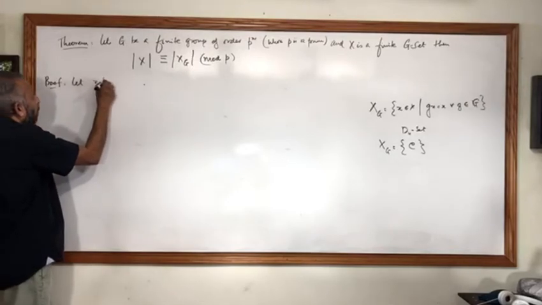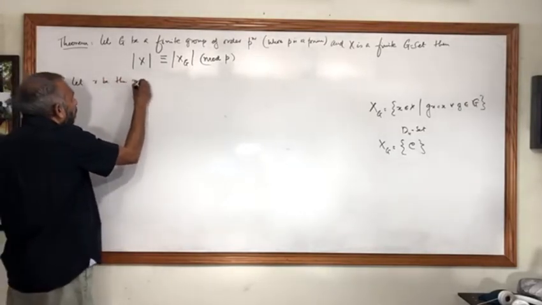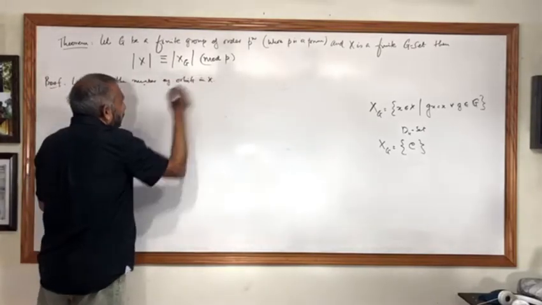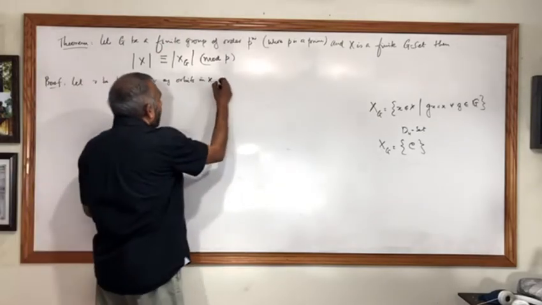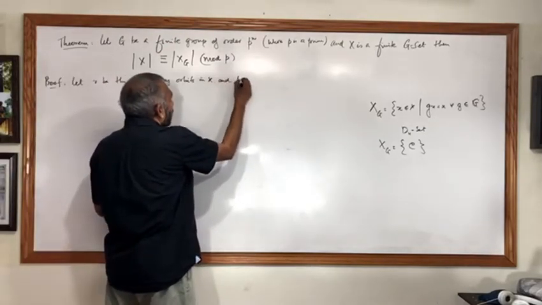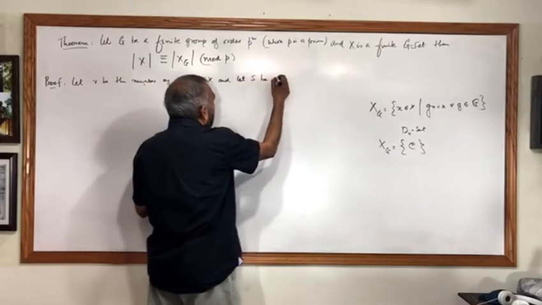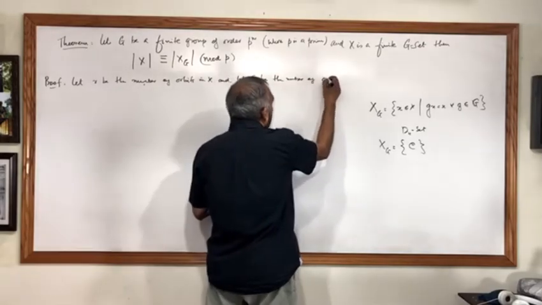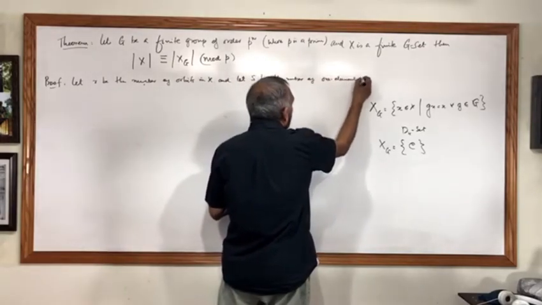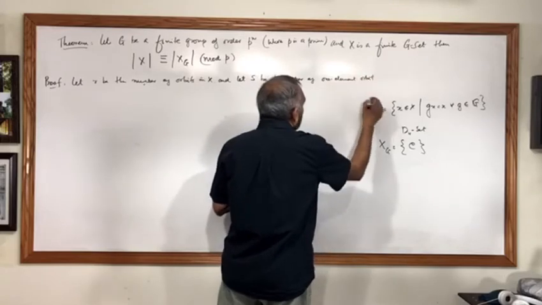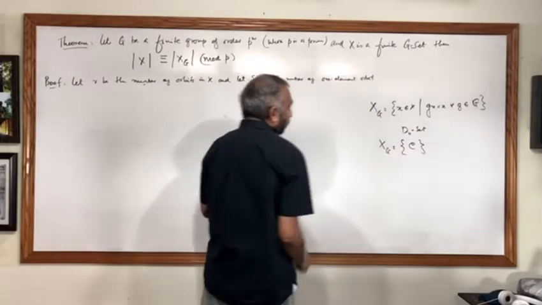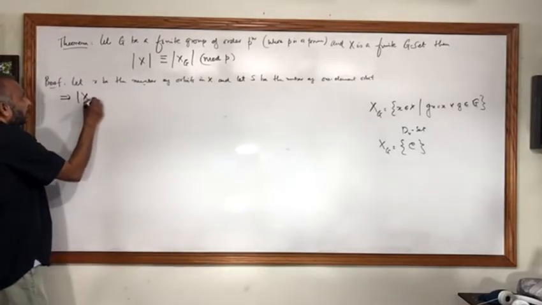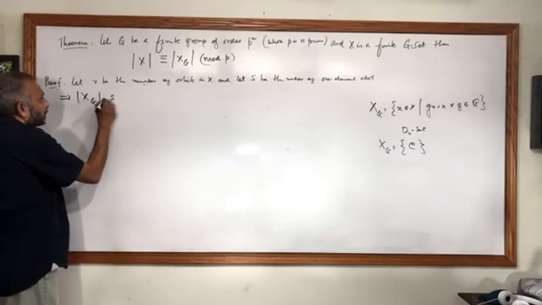Let R be the number of orbits in X, and let S be the number of one-element orbits, an orbit that contains only one element, like here it is C. So that means the size of X_G is equal to S.